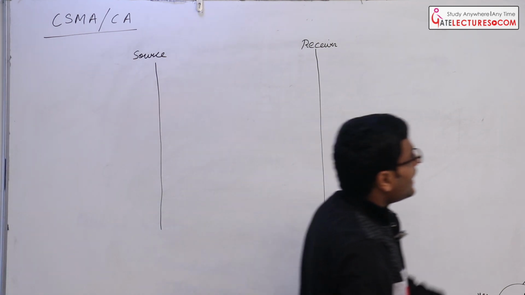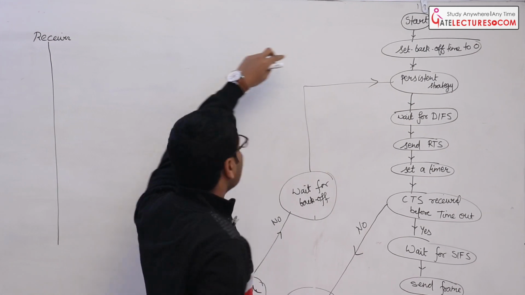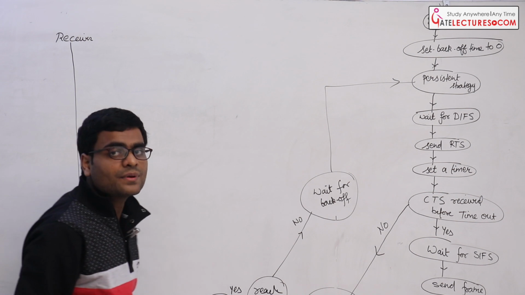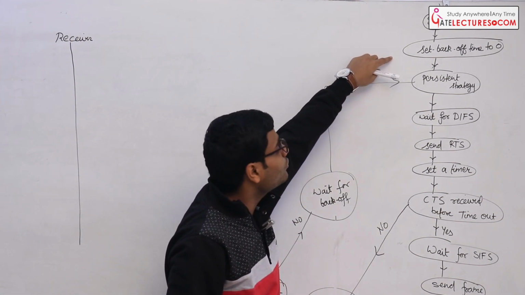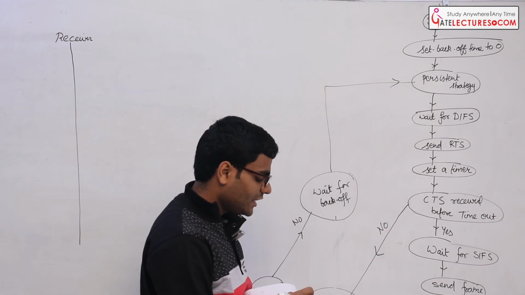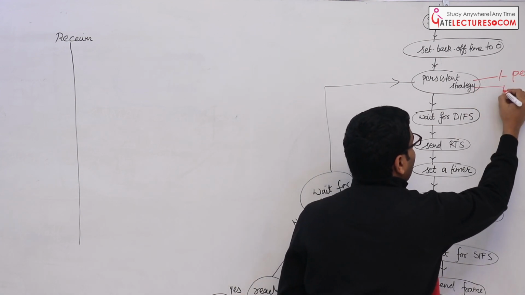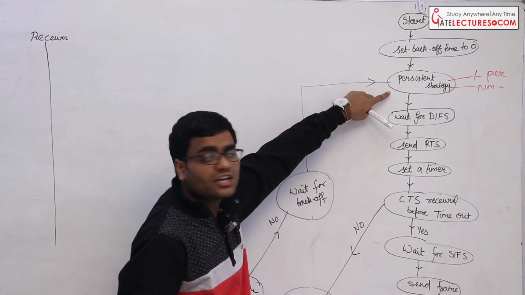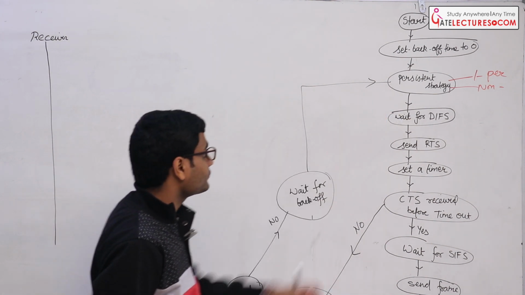In the starting, the carrier sensing multiple access technique is the same as in Ethernet. We use a back off time with a persistence strategy. Initially the station will set the back off time to 0, and according to its persistence strategy, it may be 1-persistent, non-persistent or anything, it will sense the channel.